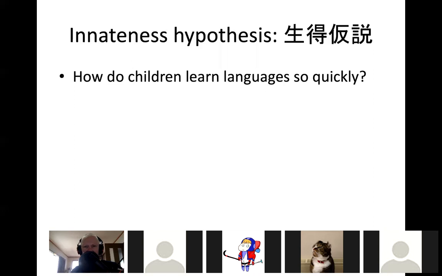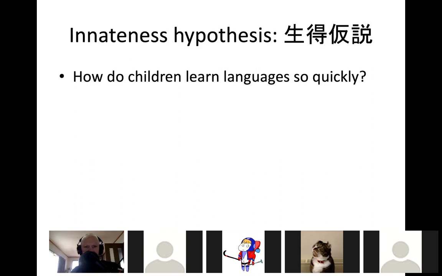So we proposed it because we were thinking about how children learn languages so quickly. If you think of children, they kind of pick up their first language without studying it very hard. They don't really study it very much when they're little. They just kind of pick it up very, very quickly.